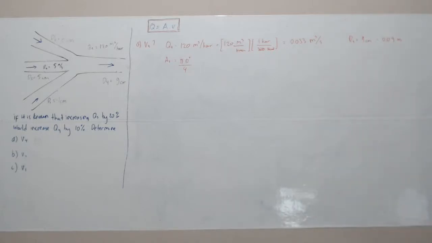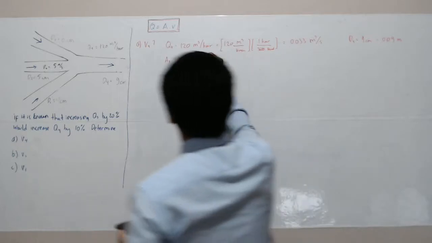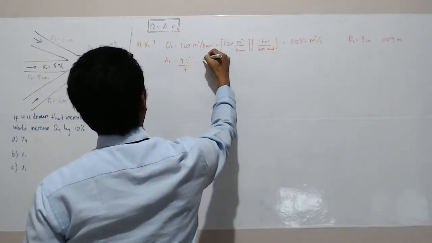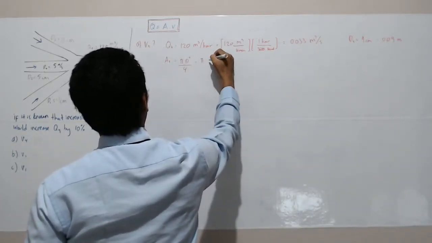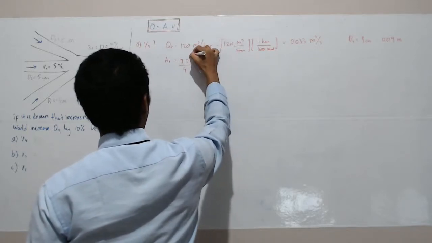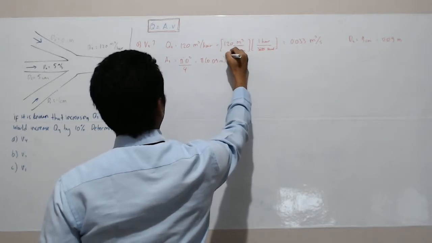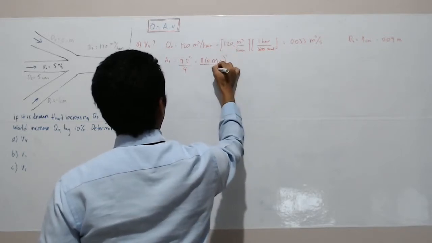For the international system, for the length units we are using meters, and for the time unit we are using seconds. So this will be pi times, sorry, this should be squared, 0.09 meter squared over 4.